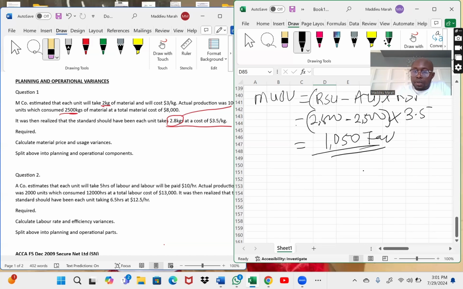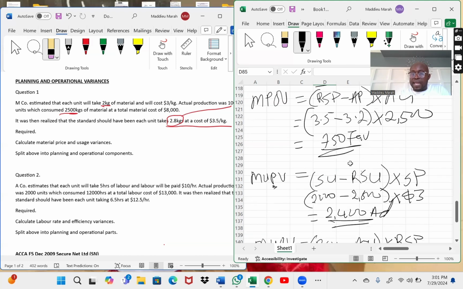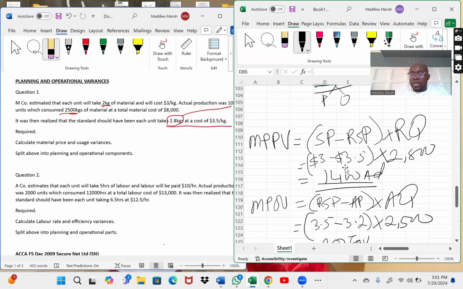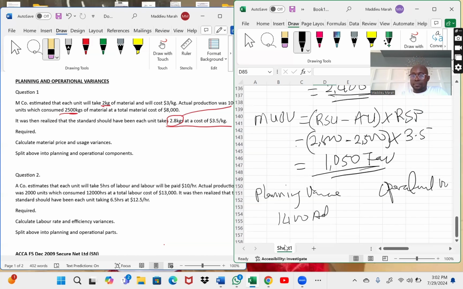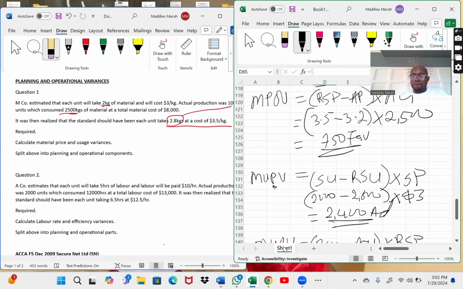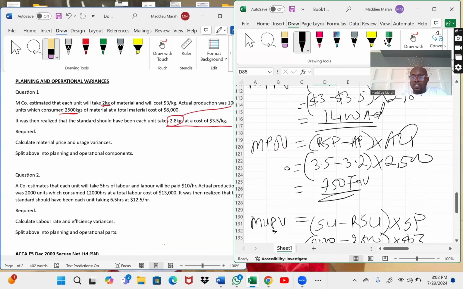So planning variances, and we have our operational variances. The first planning variance, material price planning variance, is 1,400 adverse. What's the next one?